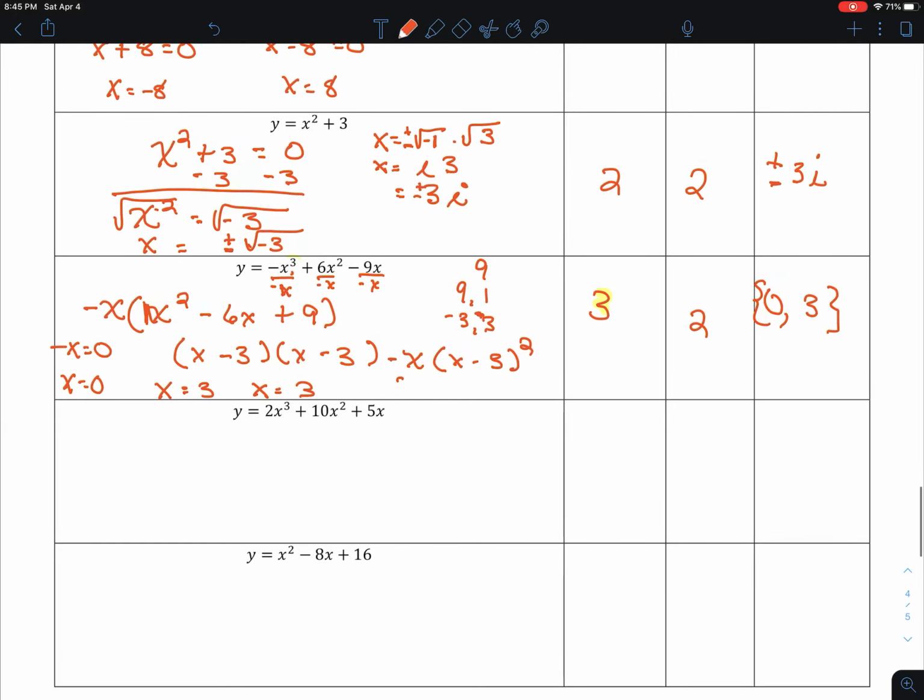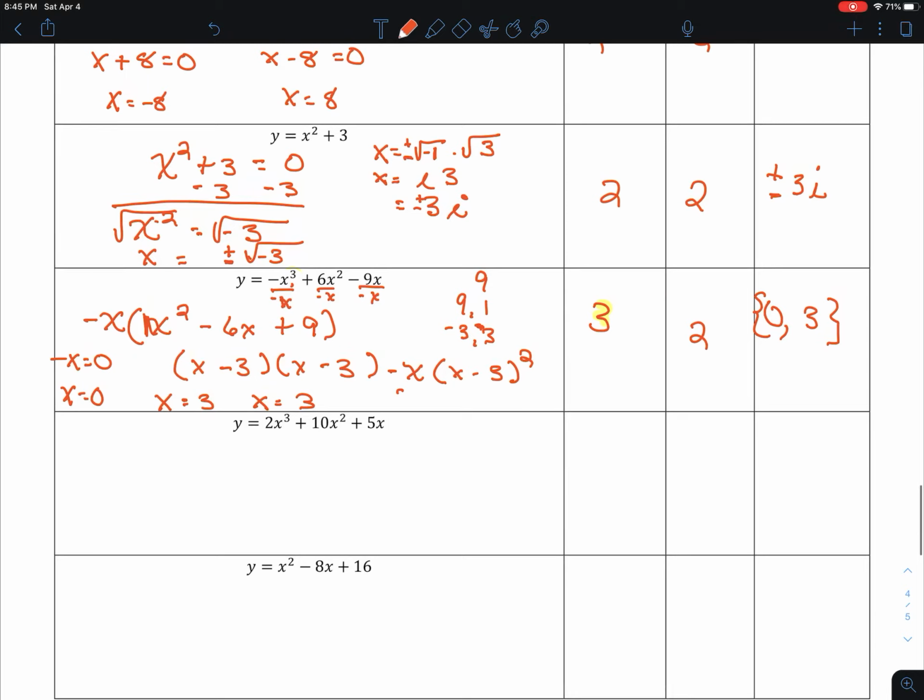Okay? So welcome back. In this first one, we see that there is a GCF of x. So we're going to factor out x. So we have x times 2x squared plus 10x plus 5.